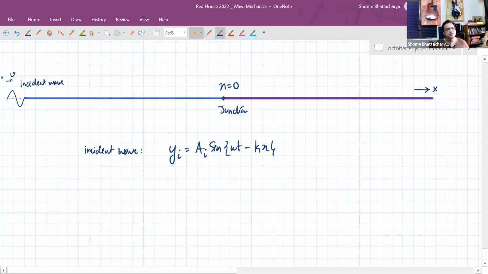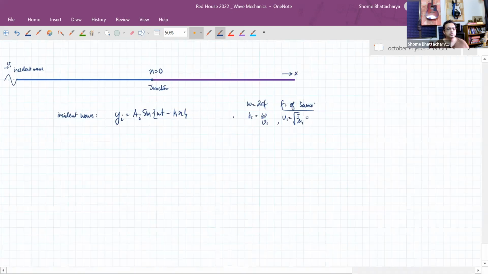It's traveling at a speed v1, so k1 is equal to omega by v1. Omega is 2 pi f, where f is the frequency of the source of the incident wave, and v1 is equal to square root of T by mu1.